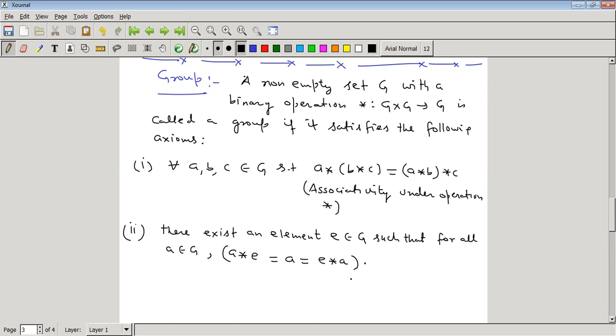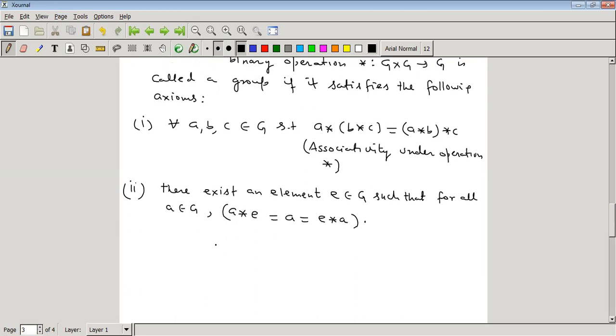So this is called existence of identity element. So we call this existence of identity.